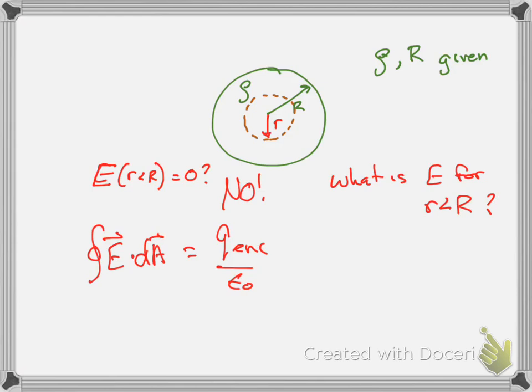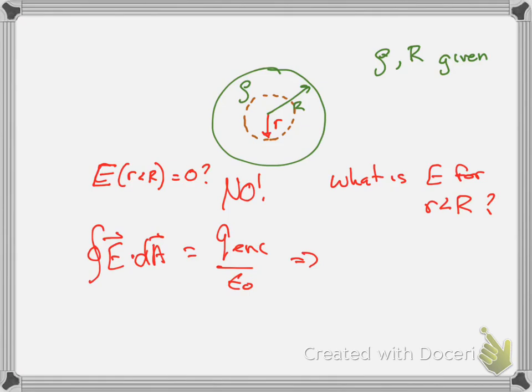It's the flux through some closed surface, which is equal to, on the right-hand side, the charge enclosed by that surface divided by epsilon 0. What surface are we talking about? We're talking about the imaginary Gaussian surface inside the sphere, the dotted brown line. I'm not going to draw any more arrows because it's going to mess up the picture, but the flux through the dotted brown line, which is a spherical surface inside the charged sphere, encloses charge, and it's got a flux through it. So what is that?